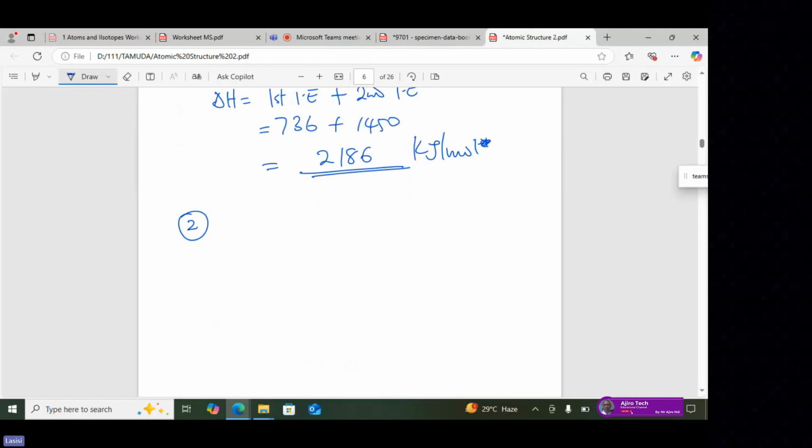Now they give you this: 2Cl gas to 2Cl+ gas plus 2e-. What does this mean? You remove one electron from each, so it is 2 times the first ionization energy.